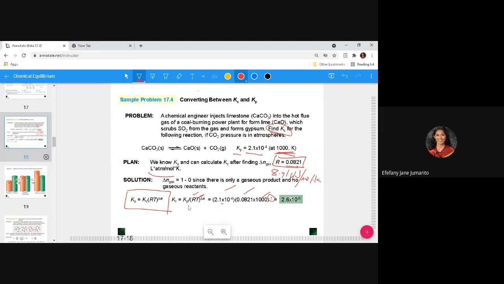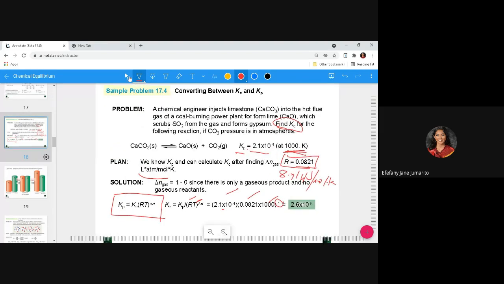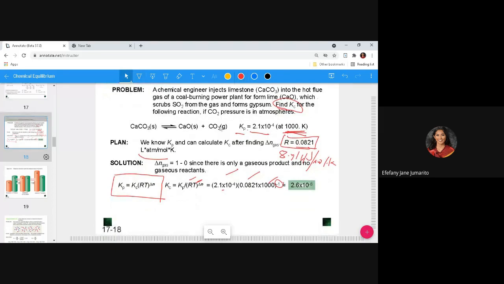Okay, let's find n here. In this equation, how many moles of calcium carbonate are present? 1 only, ma'am. Okay. What about how many moles of calcium oxide? 1, ma'am.